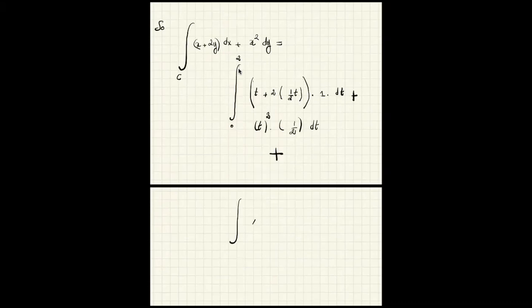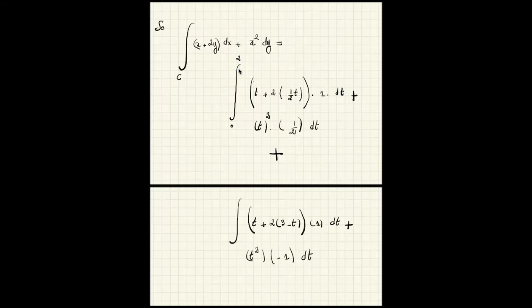Now what is x prime on this curve? It's 1 dt, plus, now x is t squared. Now what is y prime on this curve? It's minus 1 and dt.